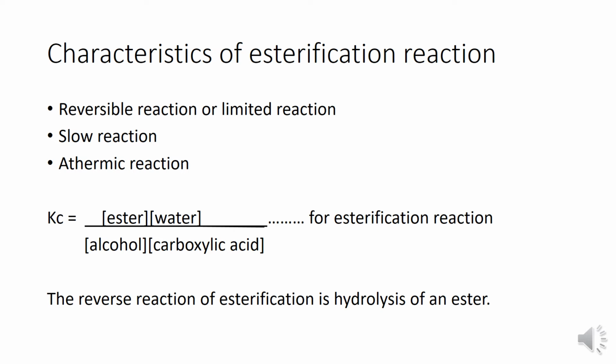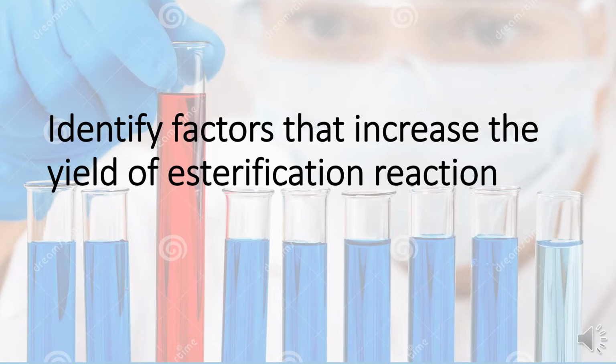And here I want you to pay attention that the esterification reaction is a reversible reaction. We have to write it in 2 directions. Now, how to identify the factors that increase the yield of esterification reaction?